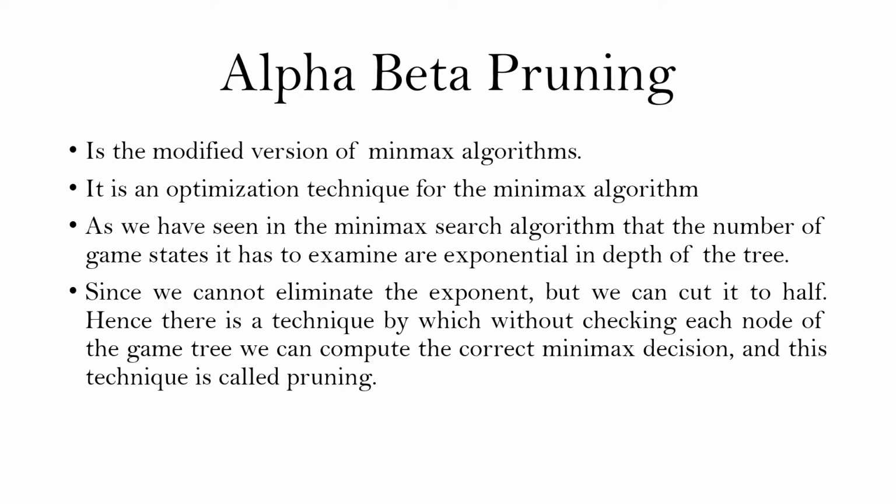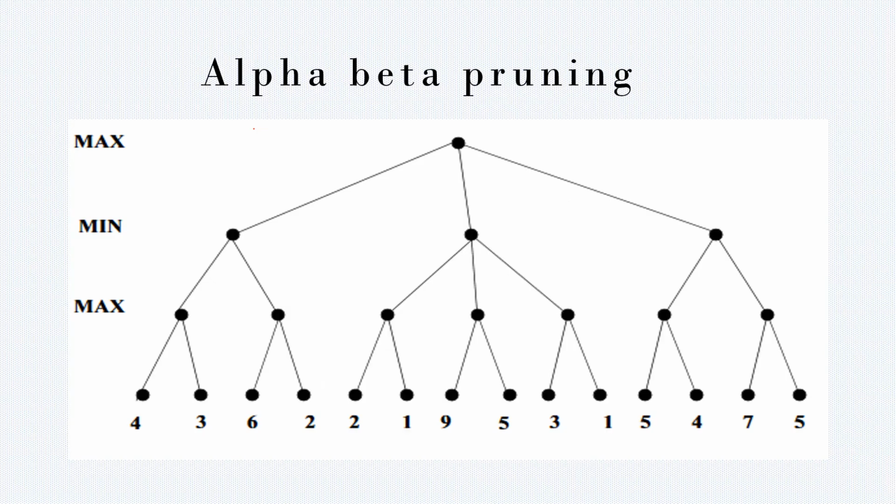Since we cannot eliminate the exponent, we can cut it to half. Hence, there is a technique by which, without checking each node of the game tree, we can compute the correct minimax decision, and this technique is called pruning.